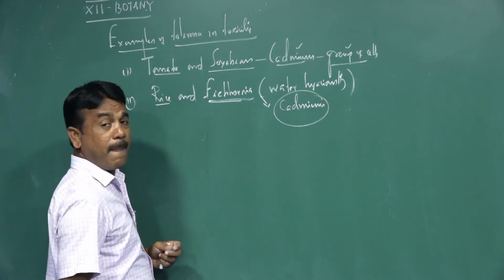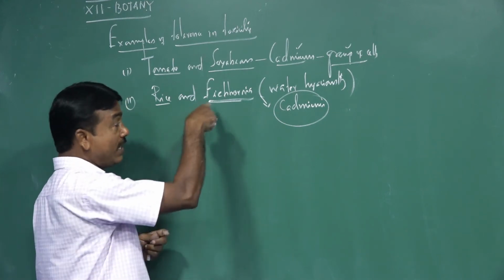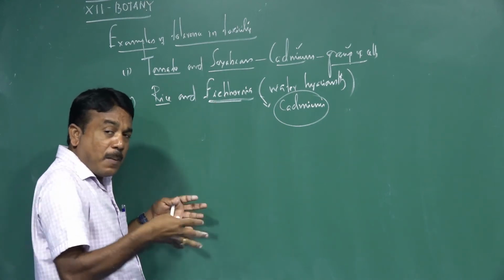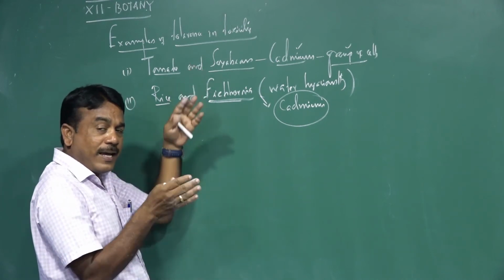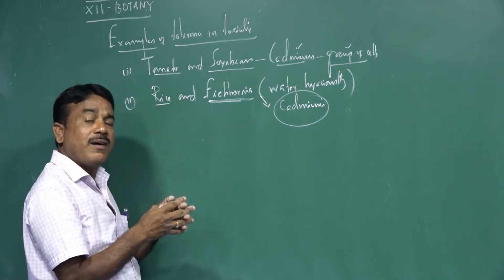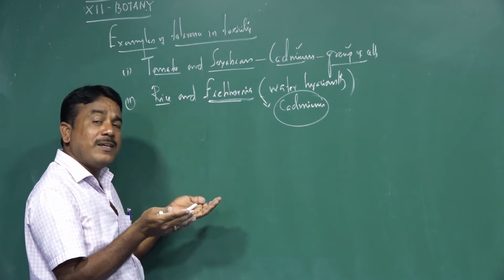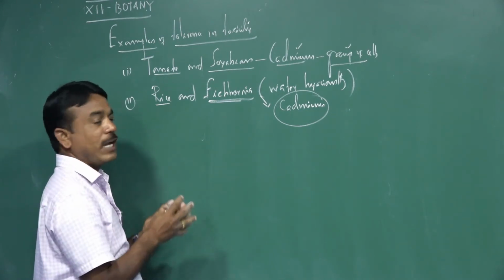That cadmium is tolerated by the presence of proteins. The protein binds the cadmium itself. In the first case, the cadmium is stored in a group of cells. But in rice and Eichhornia, the cadmium is tolerated by binding to proteins. So the protein is binding to the cadmium.